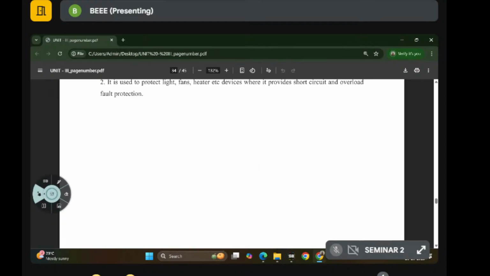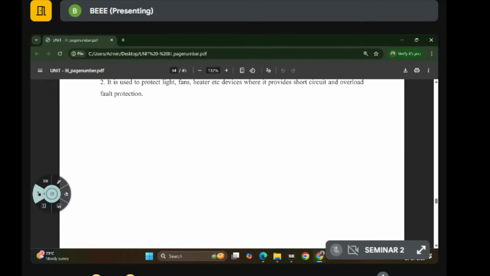So at 10 milliamps, nothing will happen. At 20 milliamps, as the magnitude of current increases, you will feel the shock. But whenever 1 amp or more than 1 amp flows through the human body, what happens?